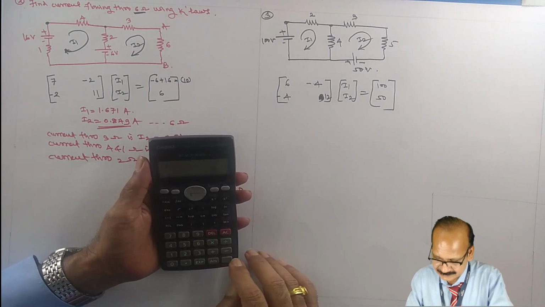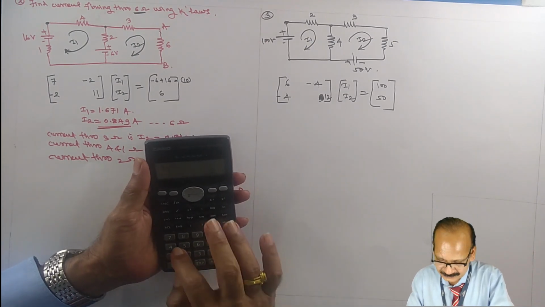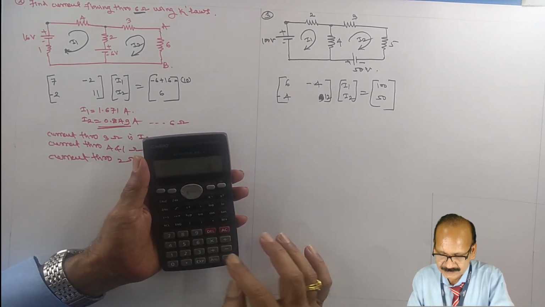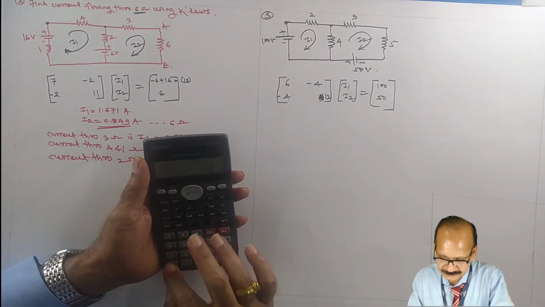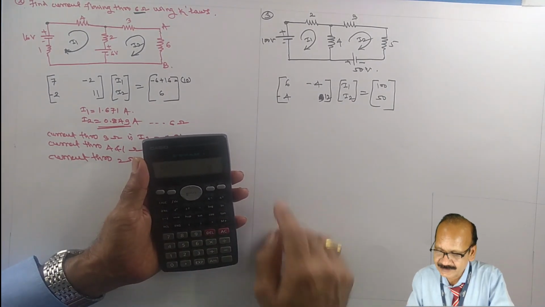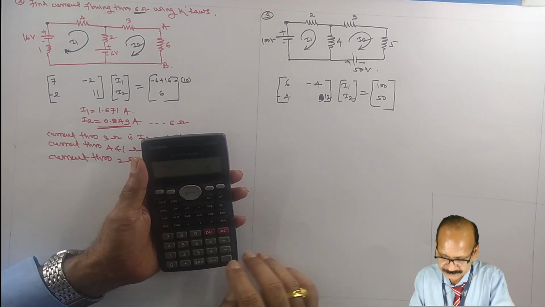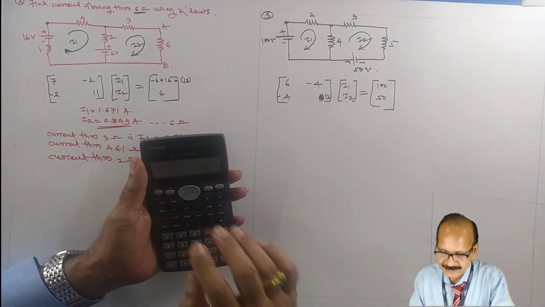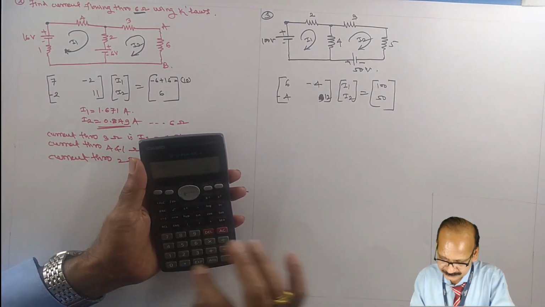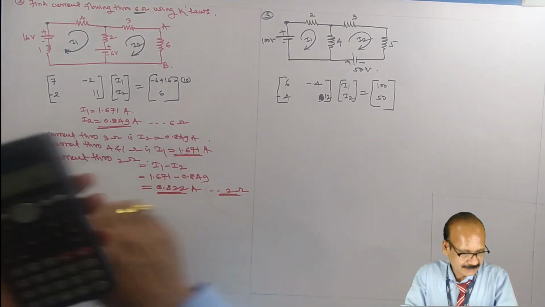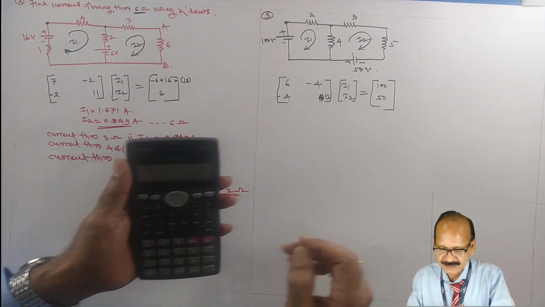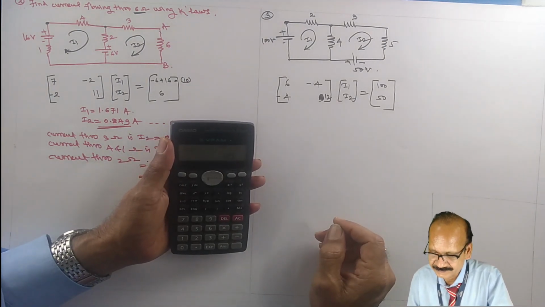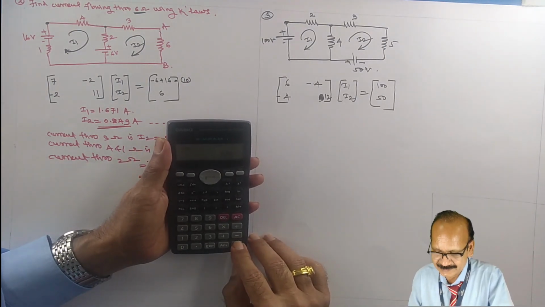A1 is 6, B1 is minus 4, C1 is 100, A2 is minus 4, B2 is 12 and C2 is 50. So I1 is 25, I2 is 12.5. Let us check it once again.